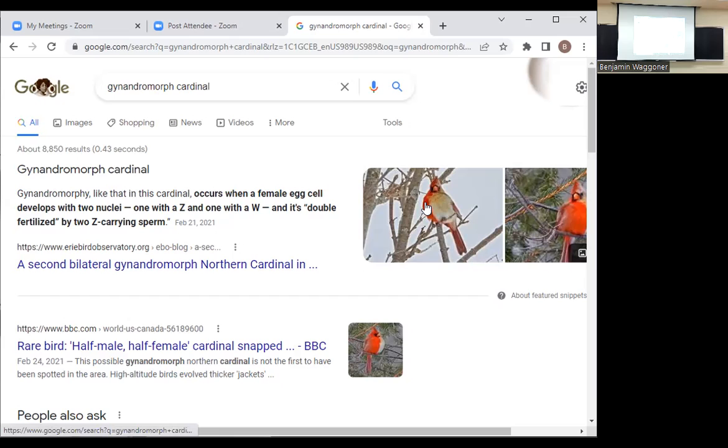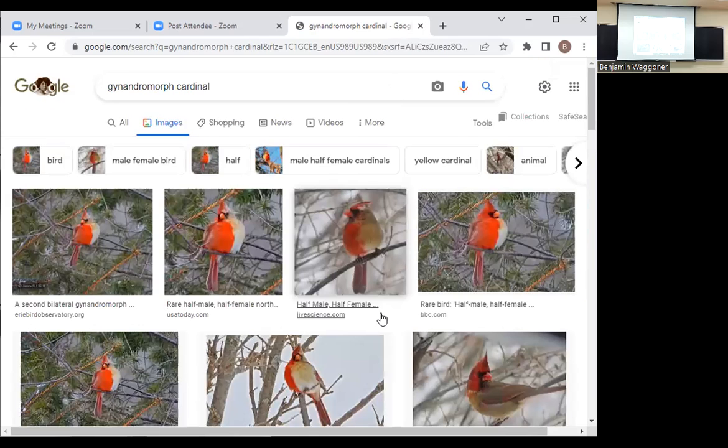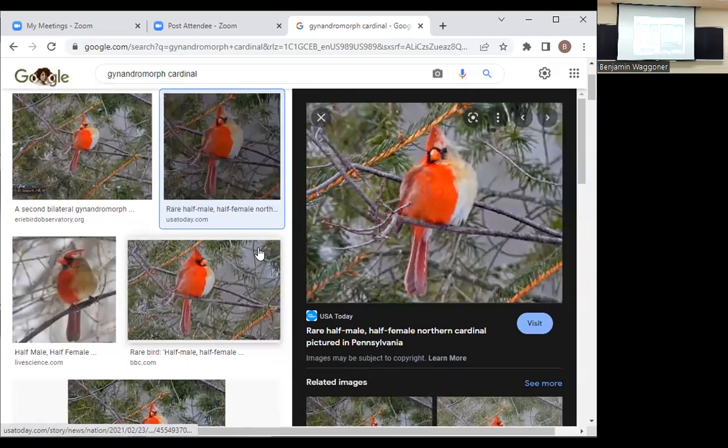Yeah, you can occasionally get a female egg cell that accidentally develops with 2 nuclei, and one of them gets fertilized, and this is why this is really rare. You end up with an egg cell that's accidentally got 2 nuclei, and the egg also gets fertilized by 2 sperm at the same time.